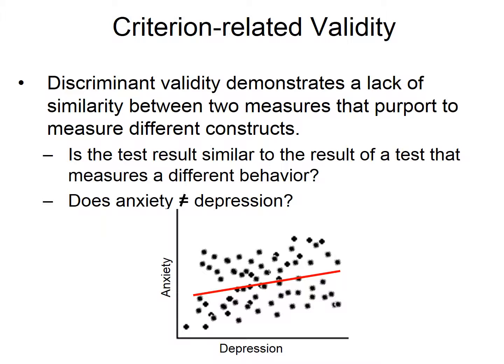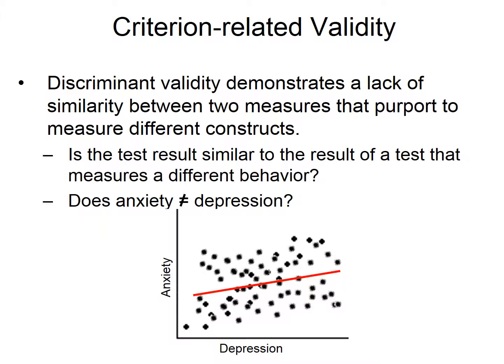So putting this together a little bit, when we're looking at criterion-related validity, we're looking at concurrent validity. And in that case, we're asking, does our measure of a construct highly relate to other measures of that construct that use the same method to measure that construct? Two pen and paper tests.